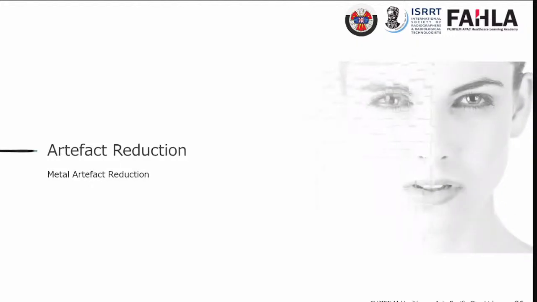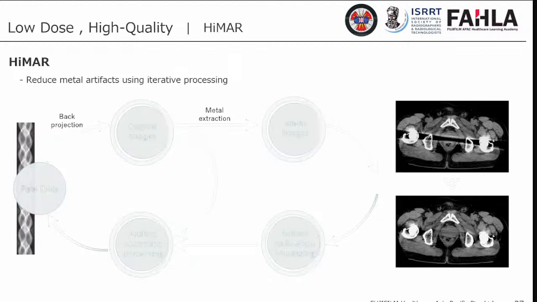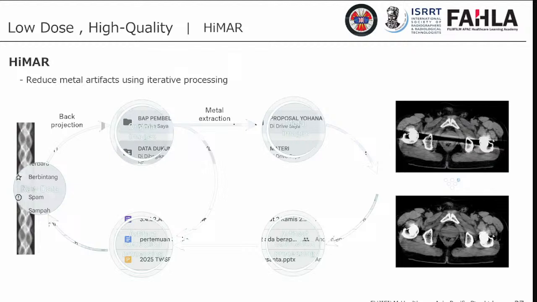So when we look at artifact reduction, so here metal artifact reduction, here we use it to assist in improving the image quality that appears as an output with an implant inside and is overlapping with the structure that you want to see.